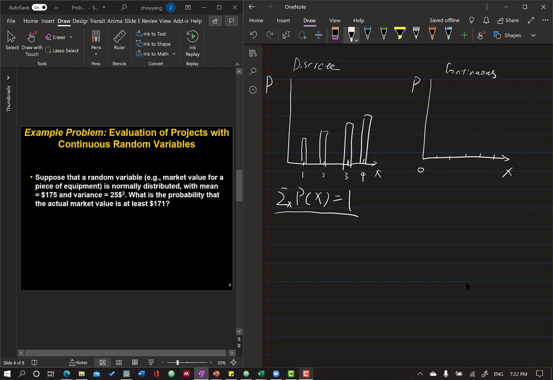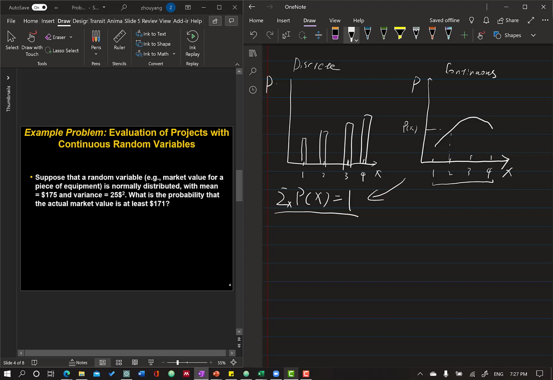But in the continuous case, if we're still looking at the interval 1 to 4, instead of separate bars we're going to have a line across the values. Here x can take any real number value from 1 to 4, and there is an associated probability for that number.